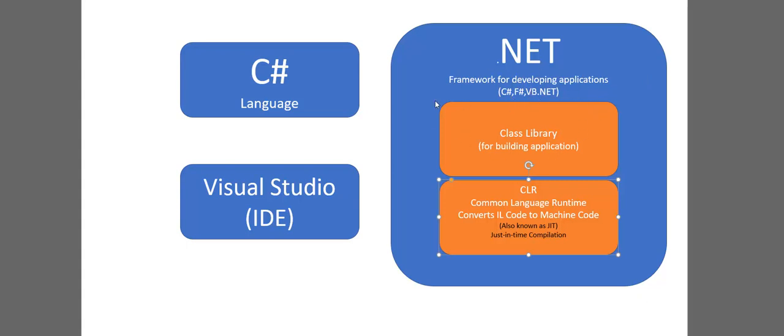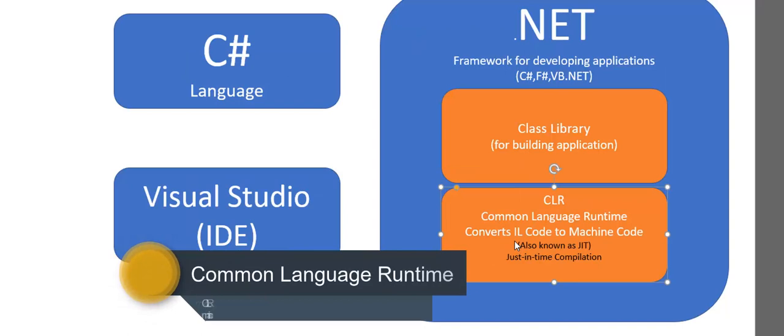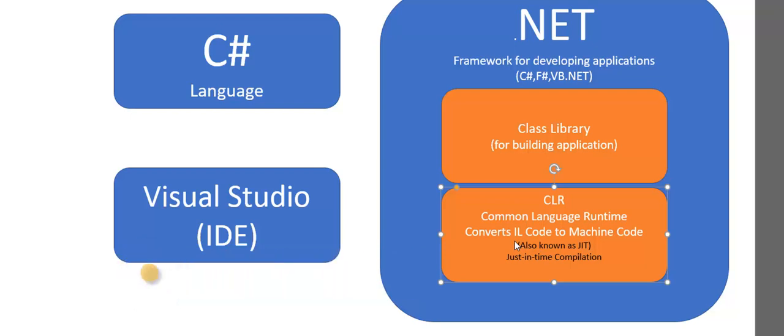The main two things that make up .NET are the class library, which is for building the applications, and the CLR, which is also called the Common Language Runtime. The Common Language Runtime is what actually takes your C# code and converts it to what's called IL code.